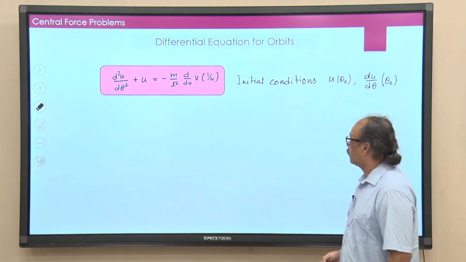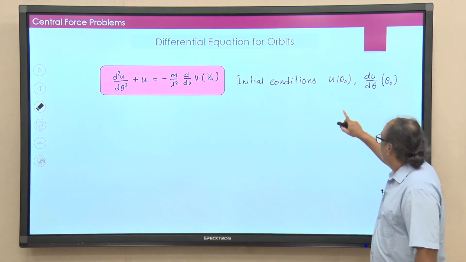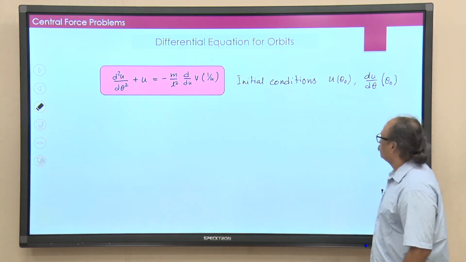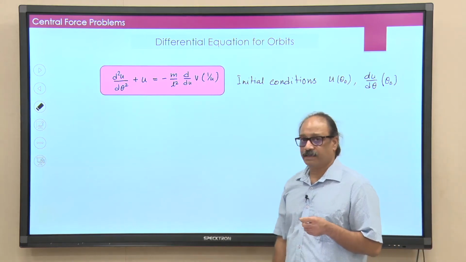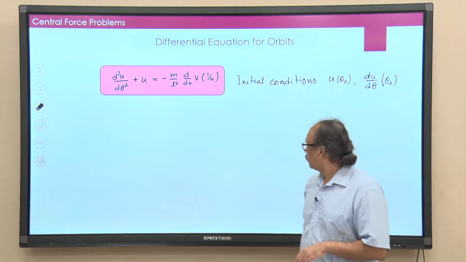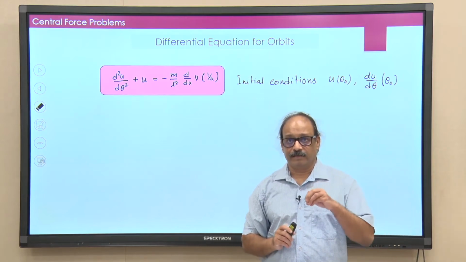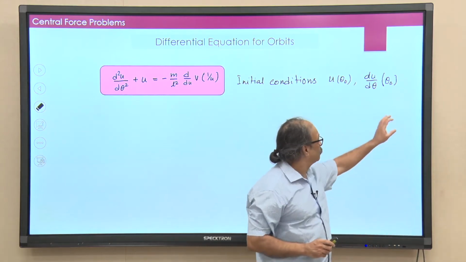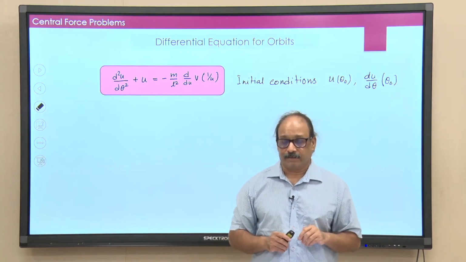Now, this differential equation will of course be solved using initial conditions. So, you have given u at theta naught, it is a second order differential equation, so you will need two initial conditions. One would be u at a particular theta naught, and also the derivative of u with respect to theta at theta naught.